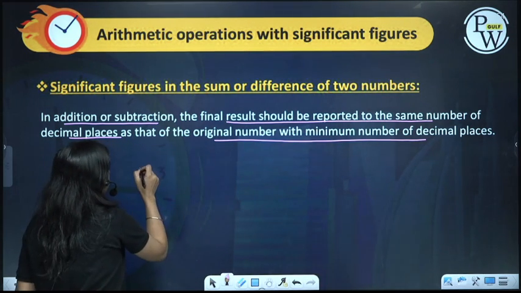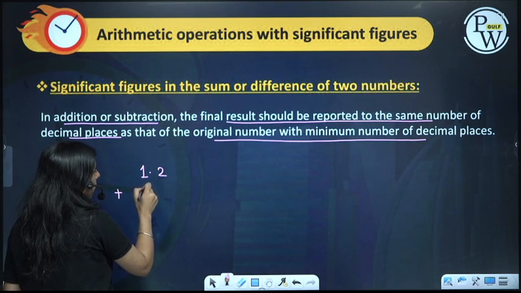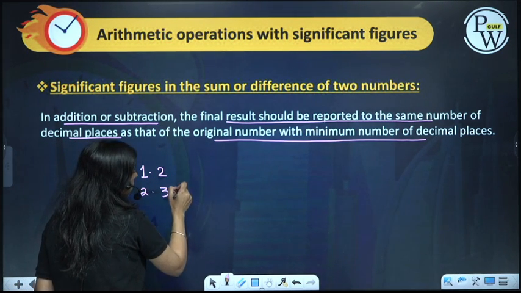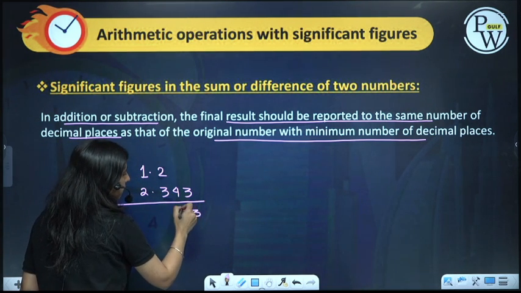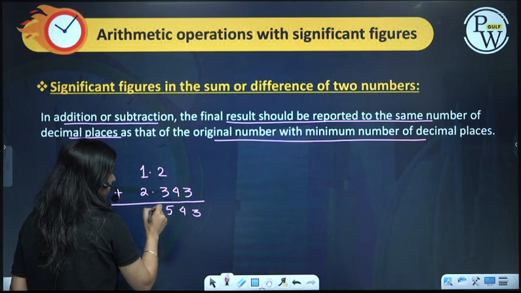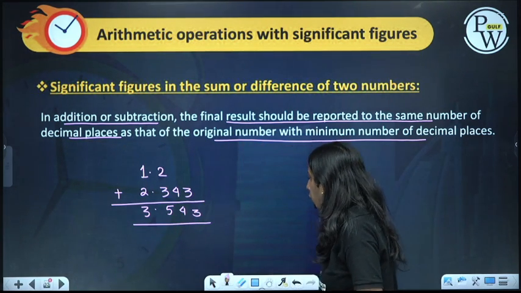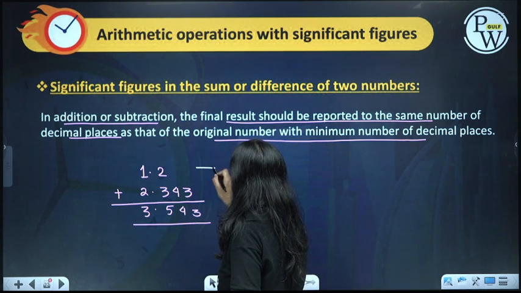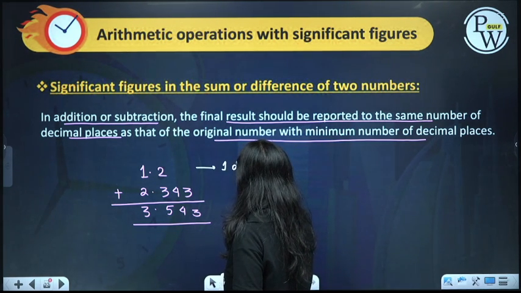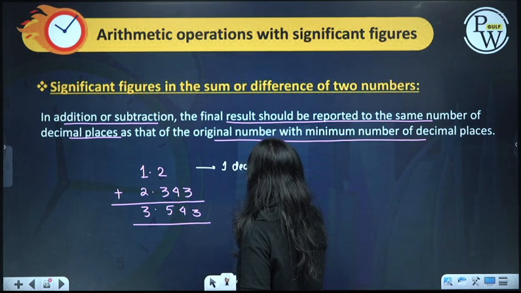So if we have 1.2 and we want to add 2.343, what we will get is 3.543. Now how many decimal places are in 1.2? One decimal place.